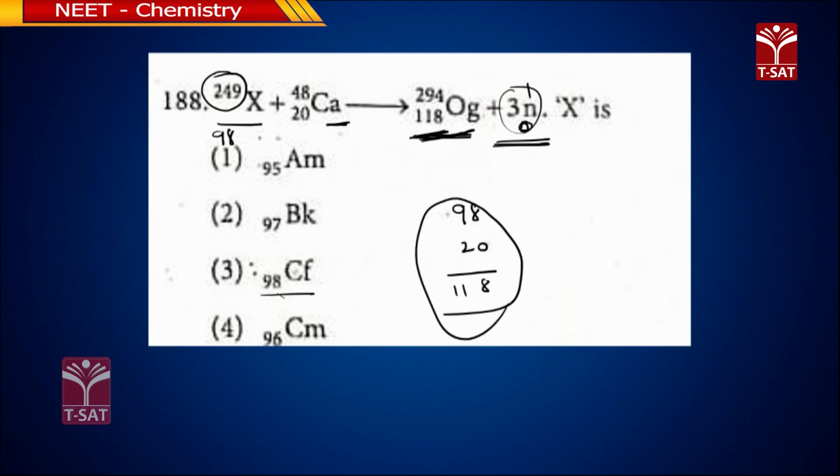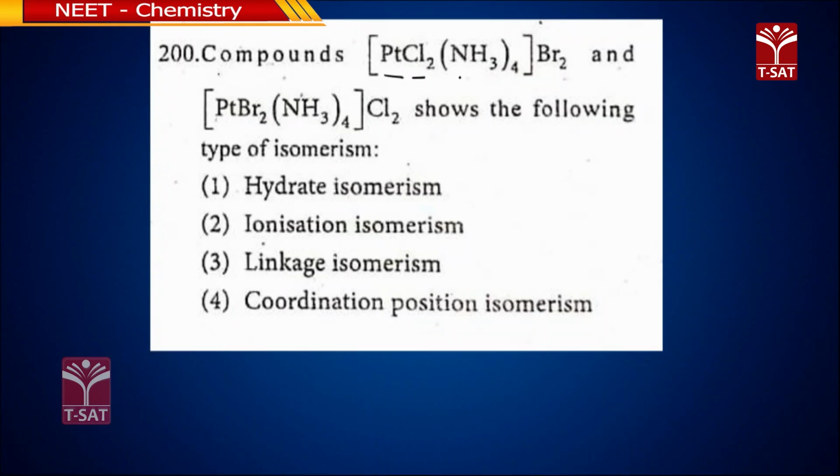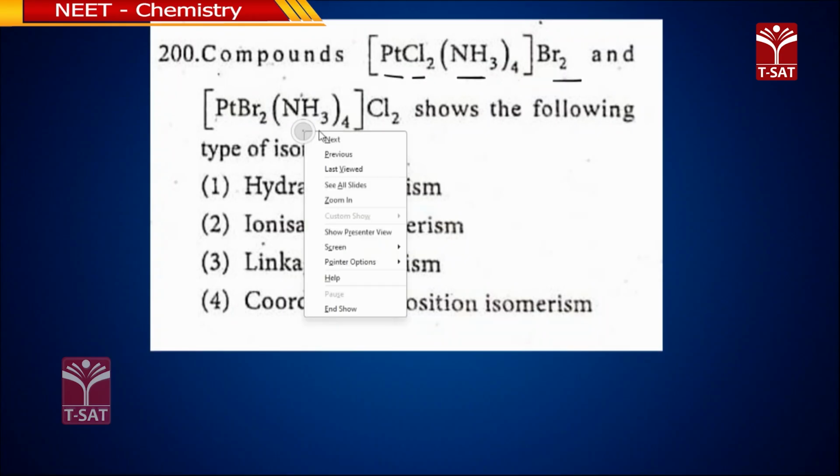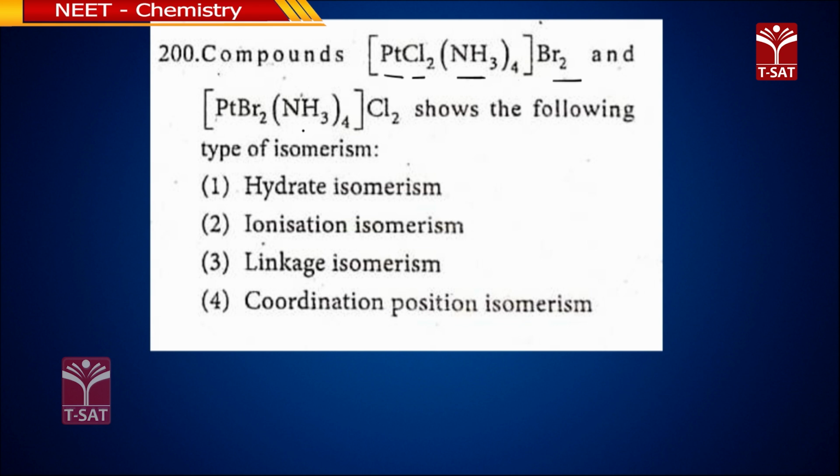Okay, this is the last question of this session. Compounds like [PtCl2(NH3)4]Br2 and [PtBr2(NH3)4]Cl2 show which isomerism? These are ionization isomers. Why are they called ionization isomers?